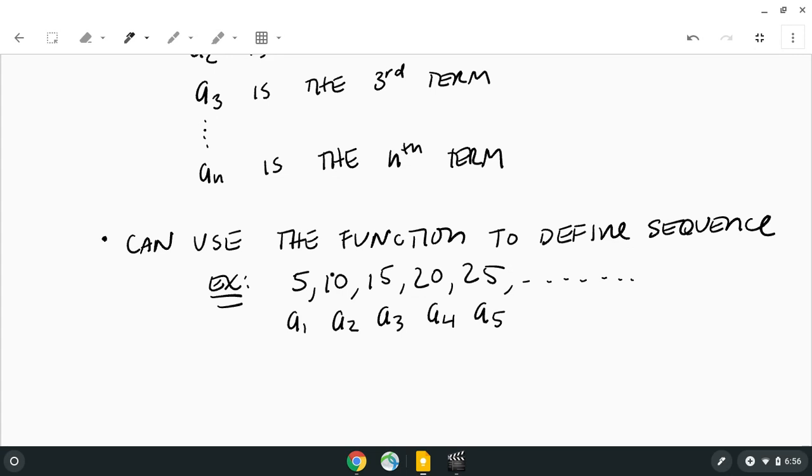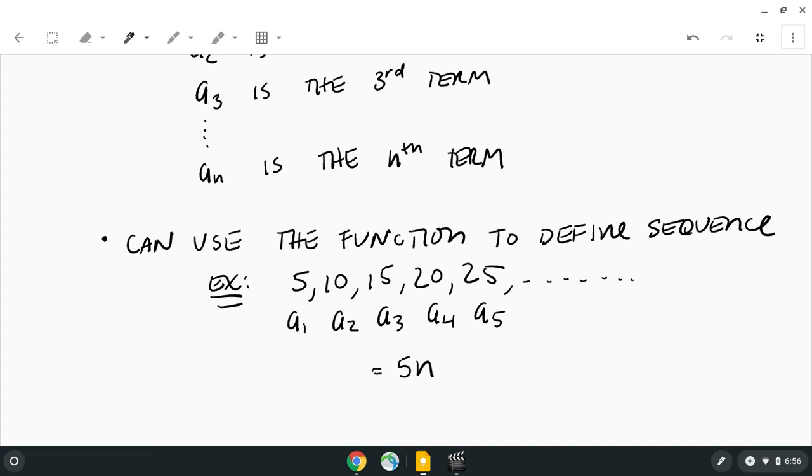We look for a relationship between 10 and 2, 15 and 3, 20 and 4, 25 and 5. Hopefully you see the pattern. Maybe you can figure out what the function is. When I plug in 1, I get 5. When I plug in 2, I get 10. When I plug in 3, I get 15. When I plug in 4, I get 20. When I plug in 5, I get 25. So hopefully you know what the function is. It's 5 times n.